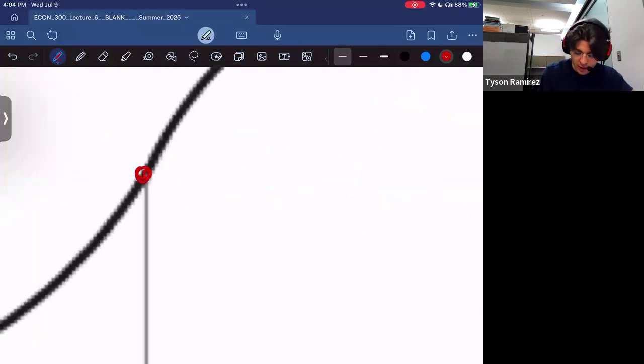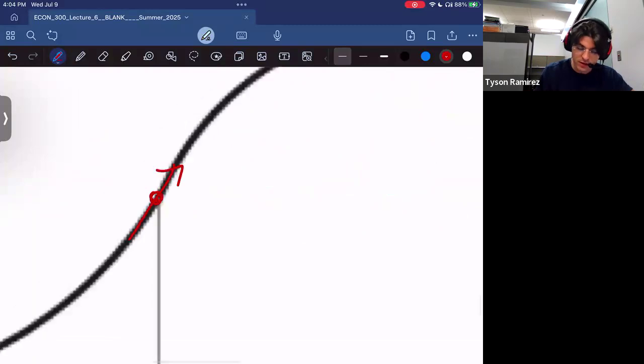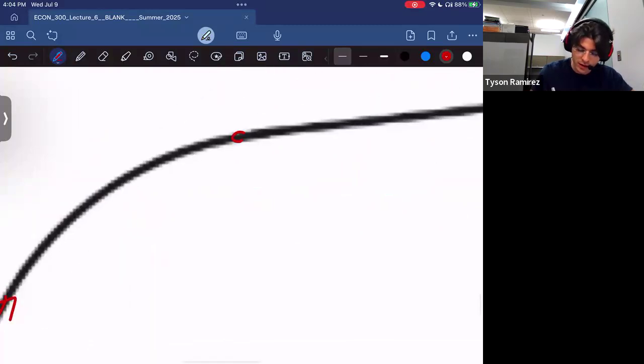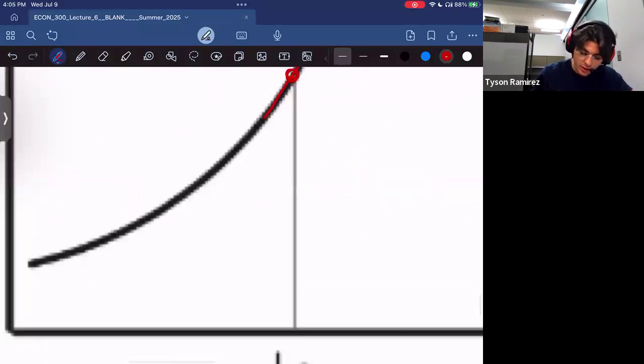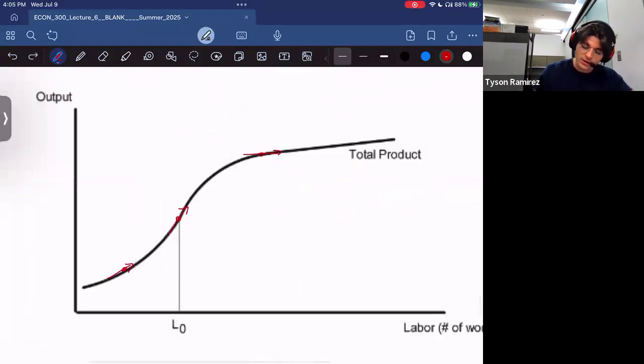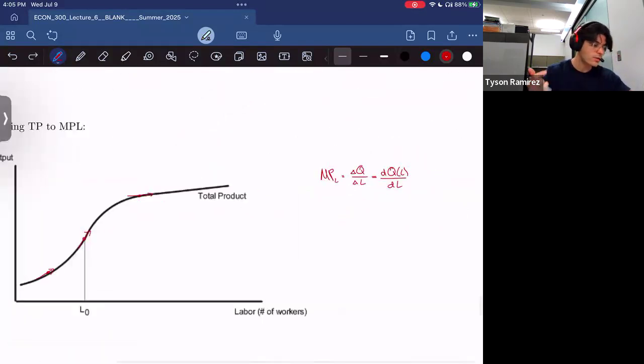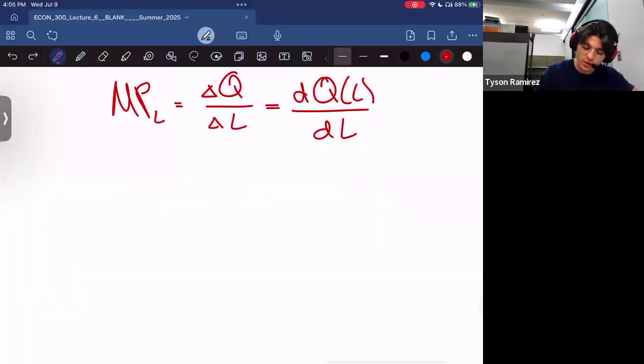So here you have a nice slope like this. That's the MPL at L0. Here we have a flatter slope. Here we have a steep slope. All right, much easier to understand that marginal product of labor is just the slope of the total product curve.